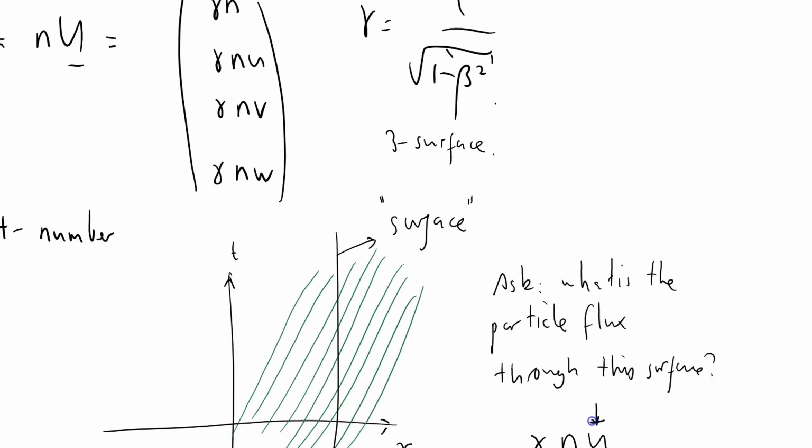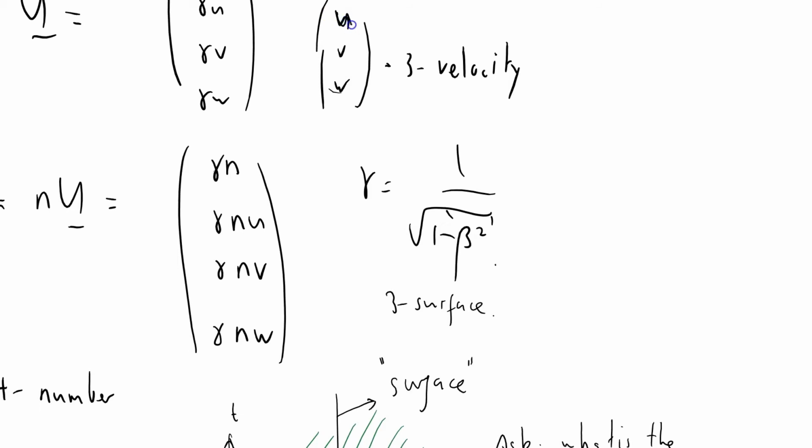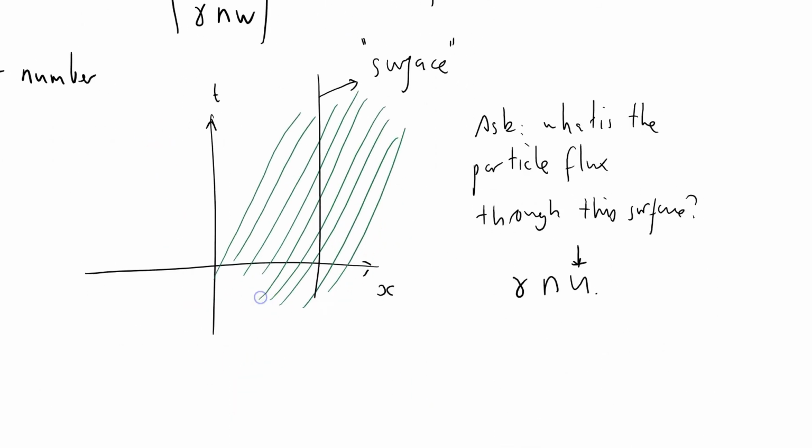This u here is the speed in the x direction, which is just this component of the 3 velocity here. So that's where that comes from. This thing here is the rest particle density. And this thing here is, of course, the Lorentz contraction term.